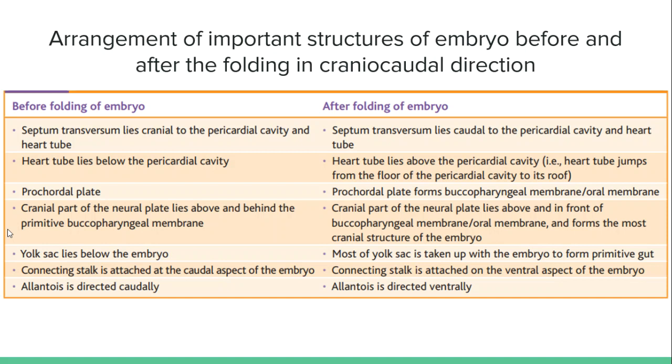So we find that before folding of the embryo, the yolk sac lies below the embryo, whereas after folding of the embryo, most of the yolk sac is taken up within the embryo to form the primitive gut. Before folding, the connecting stalk is attached at the caudal aspect of the embryo, whereas after folding it is attached on the ventral aspect of the embryo.